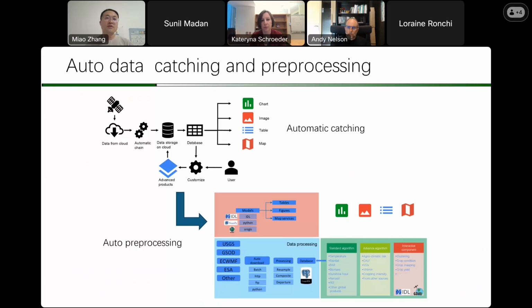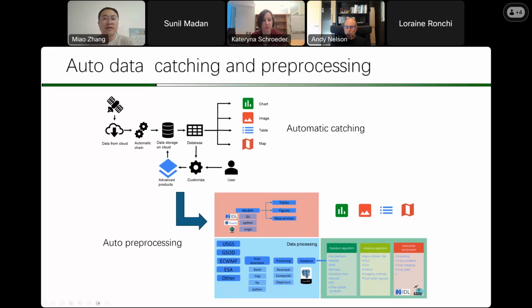And we have very limited human resources in the team, as we are a research institute. So most of the data processing is done automatically. With access to the data sources, we can access different types of remote sensing data.